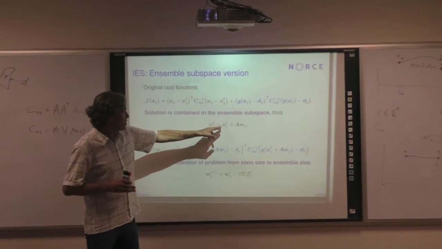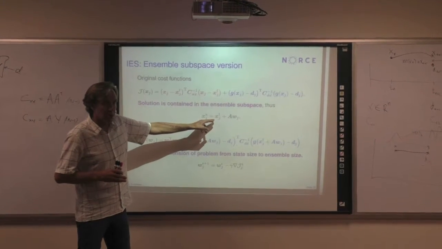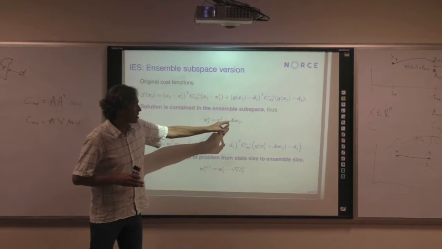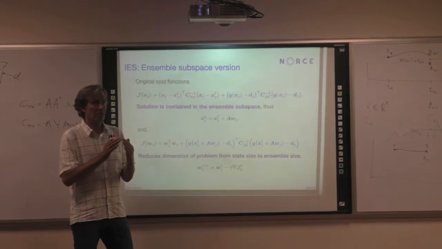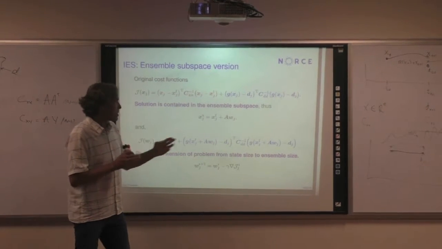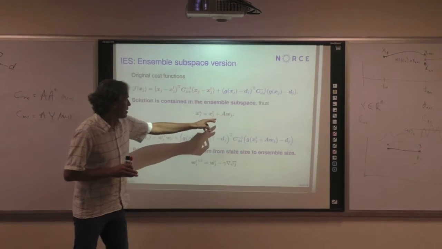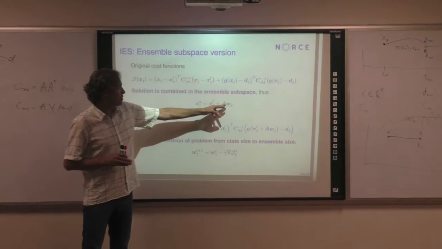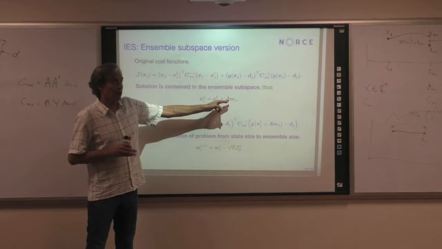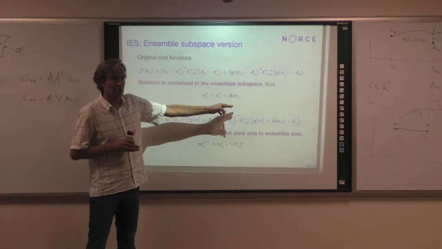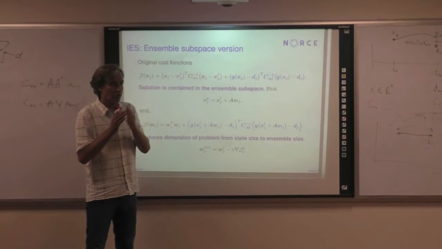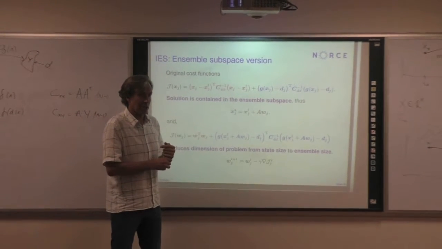I say that my solution is the prior for each realization plus a linear combination of ensemble anomalies. And now I only have to solve for this linear combination. So if I have 100 realizations, I have 100 coefficients in W to solve for. And I have 100 for each realization in the ensemble.